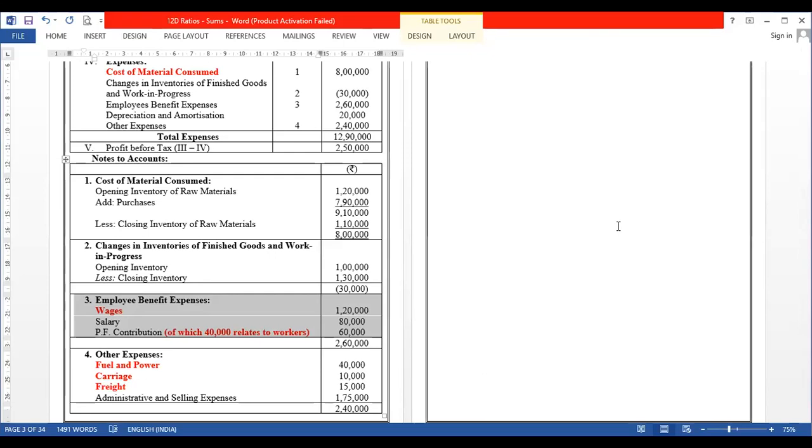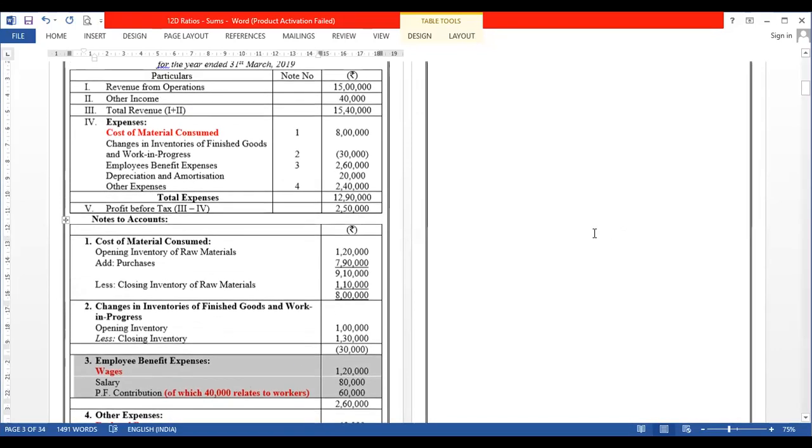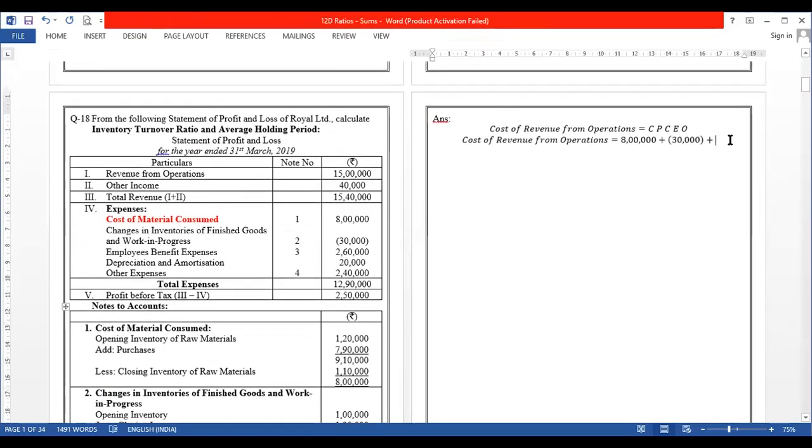That is the information given, and I'm interested to know the direct expenses only over here. So wages 1,20,000 and PF contribution of workers 40,000. So I'll take these two over here. Let me add 1,20,000 for wages and 40,000 for PF contribution of workers.